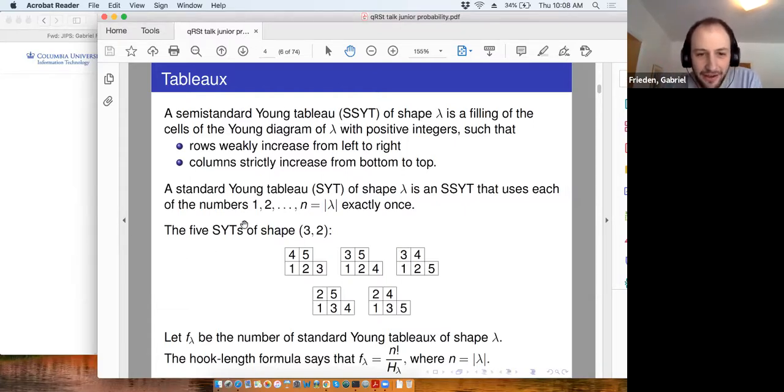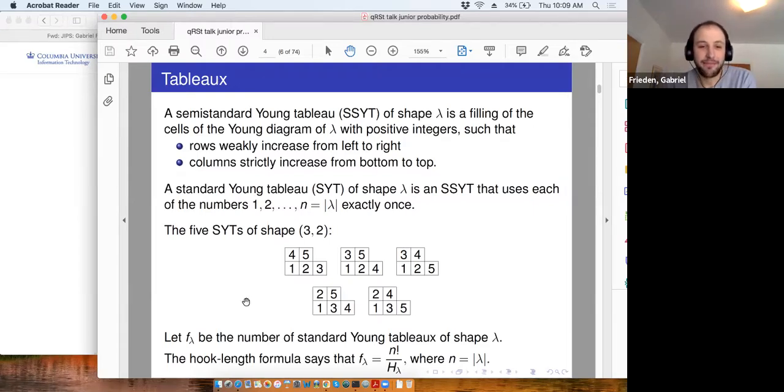For example, if I take the partition 3, 2, then there are 5 standard Young tableaux, which look like this. These 5 tableaux here. I'm going to write f lambda for the number of standard Young tableaux of shape lambda. That's the traditional notation for it.